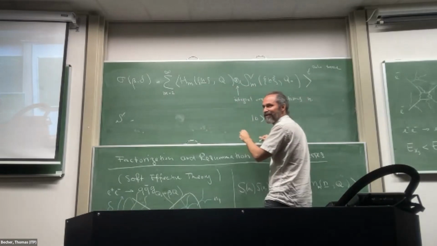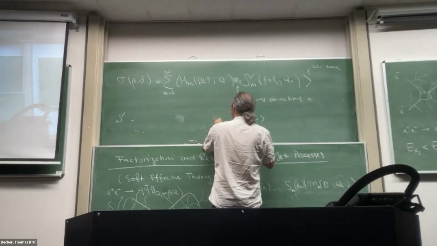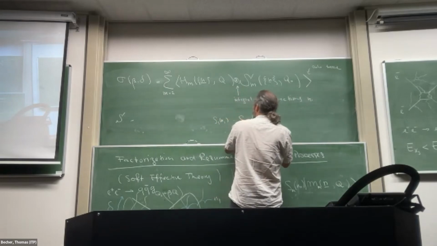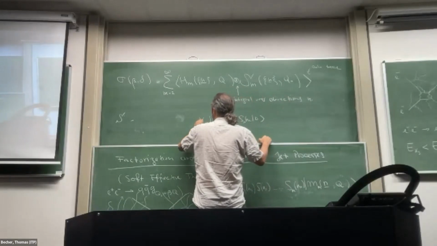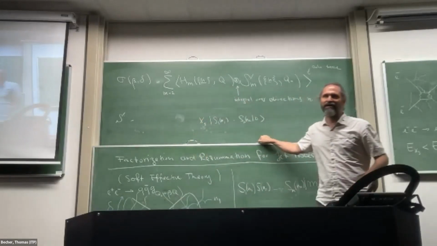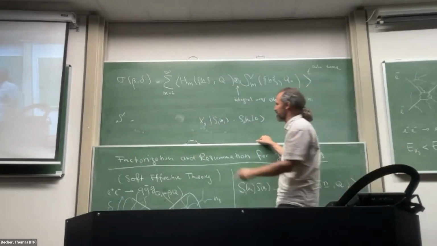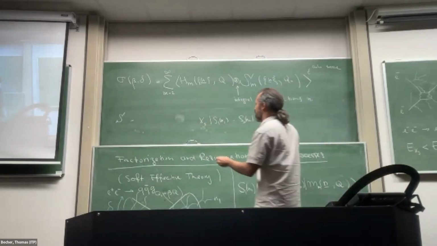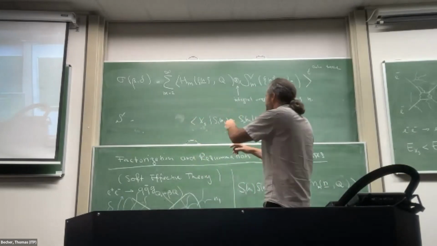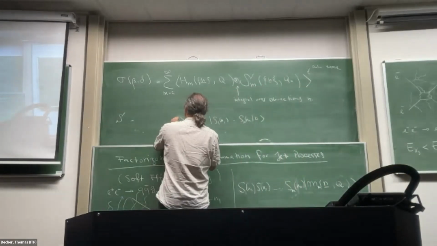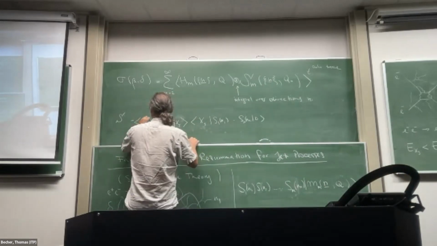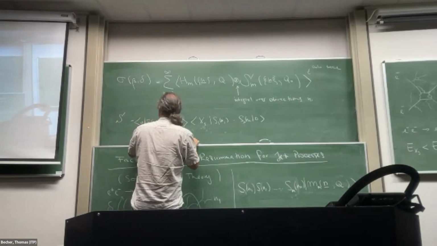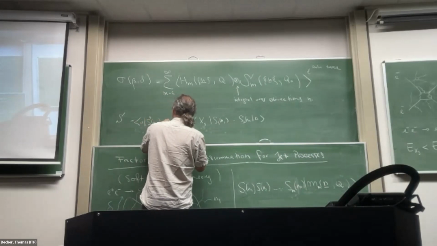So I start with the vacuum state, then I have my Wilson lines S1 n1 through S_M n_M. And then this generates a final state X_S. This now has soft quarks, gluons, whatever you want. It's still here in this final state. And now I have to square this amplitude. S1 dagger n1.